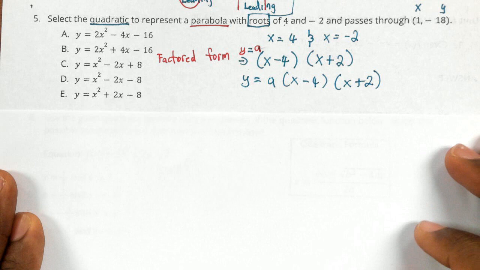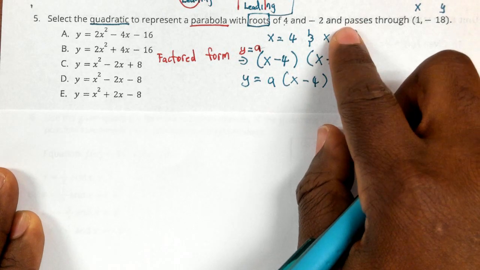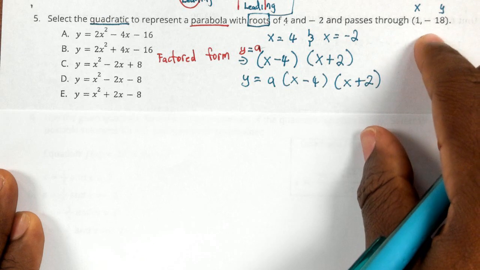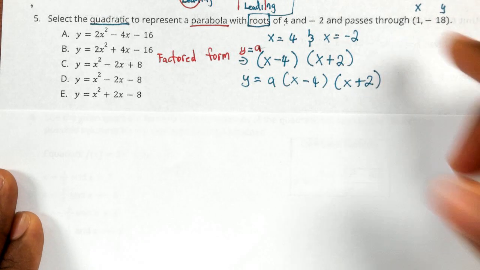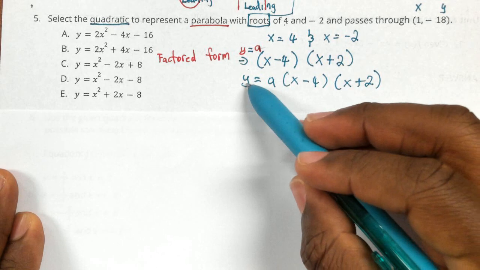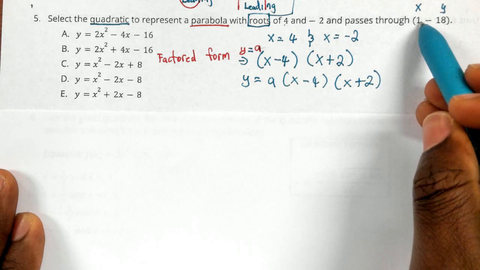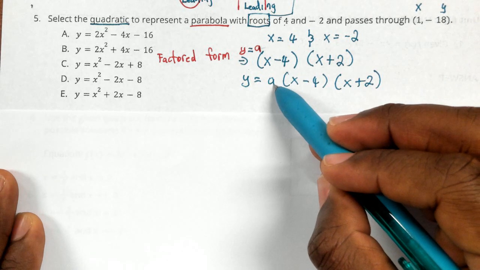However, you're probably wondering, how do I calculate this a? Well, because it says that it's passing through a point, that is what gives me a hint that my a is some number. So I'm going to replace my y with -18 and my two x's with 1 so I can find the value of a.